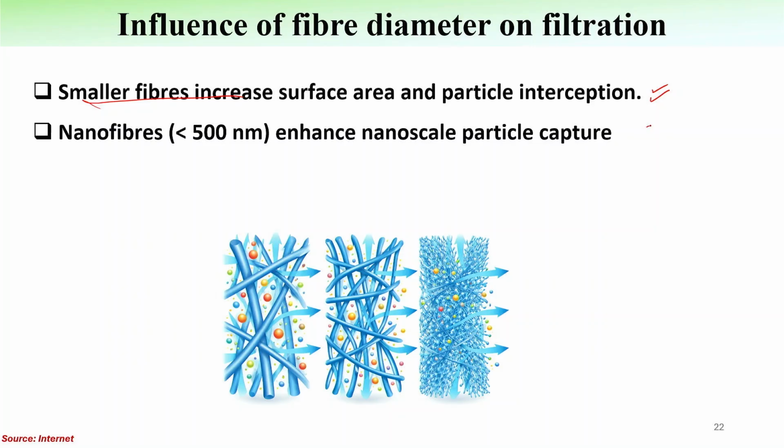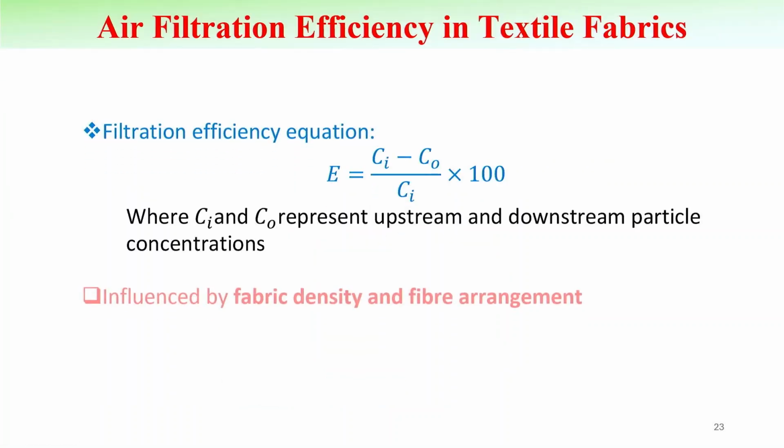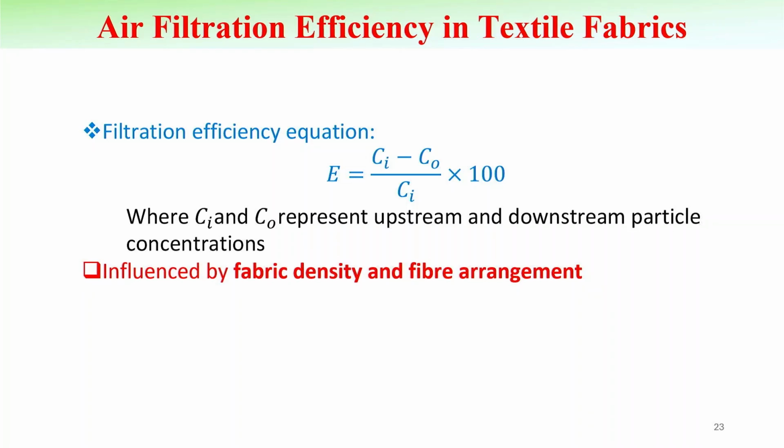Nanofibers can also be used, which enhance the particle capture. Filtration efficiency increases as the fiber diameter decreases. As we know, the filtration efficiency equation is based on upstream and downstream particle concentration, and based on that we can calculate the filtration efficiency.